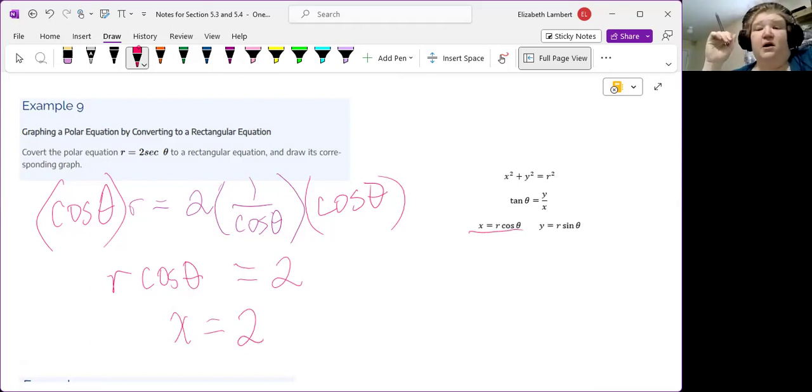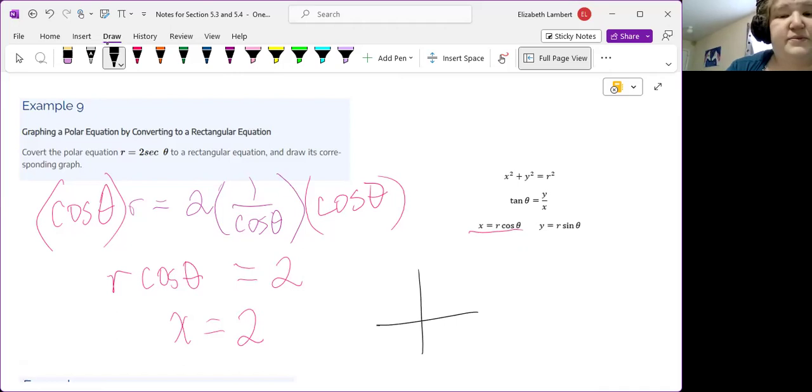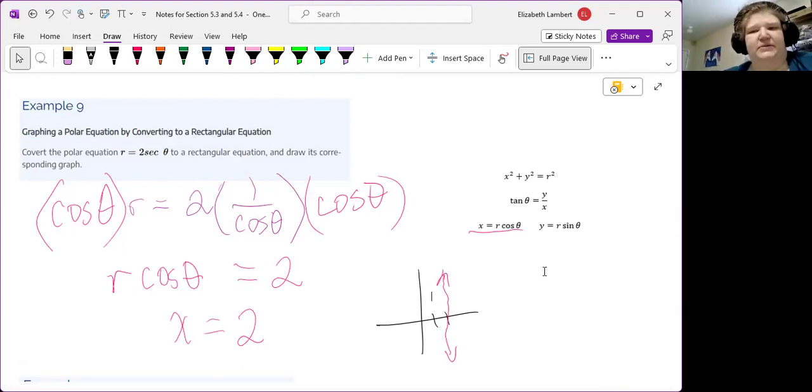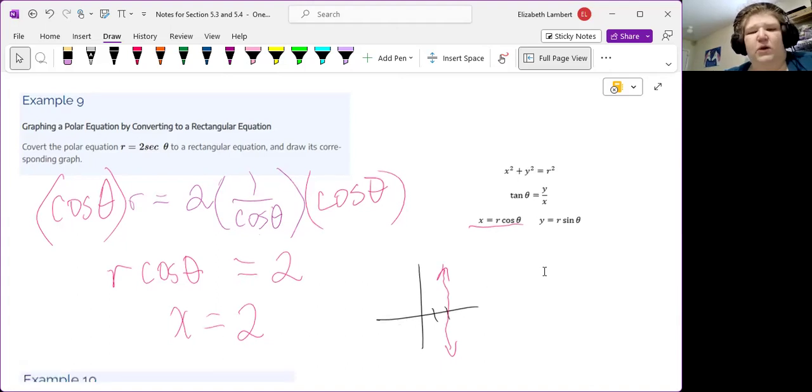So apparently our r equals 2 secant theta is the same as the line x equals 2, which we can graph. There's all the points that have an x coordinate of 2, a vertical line. So this can look more intimidating than it really is, but playing around and moving all the pieces takes some practice and seeing how the pieces work together.